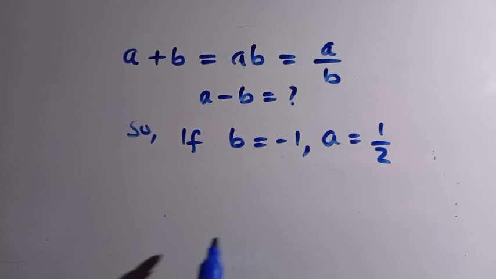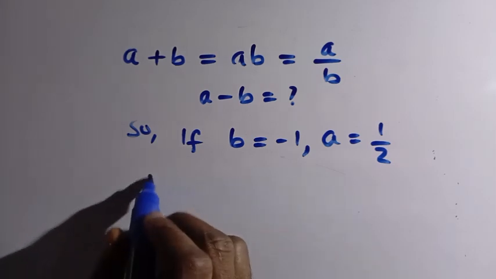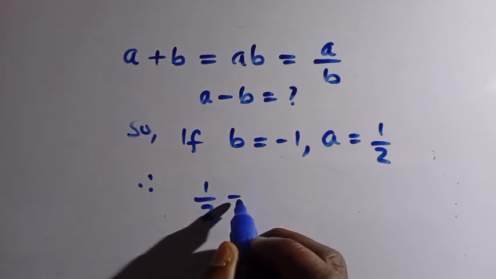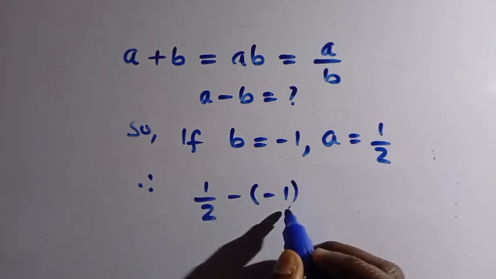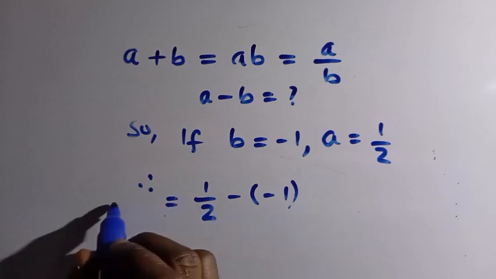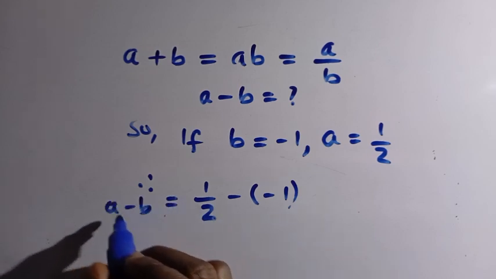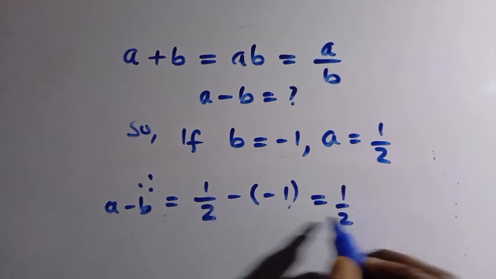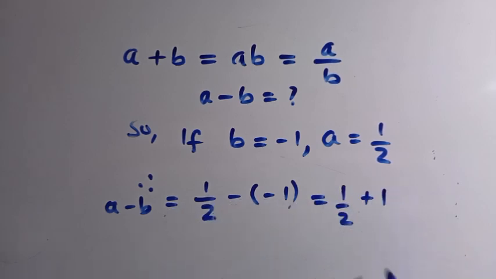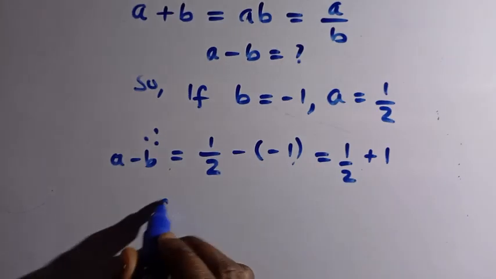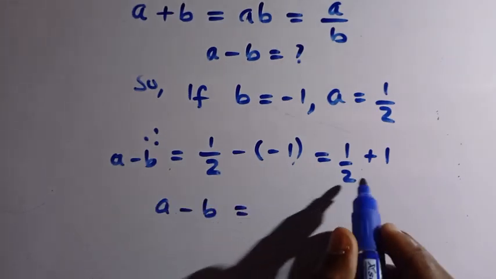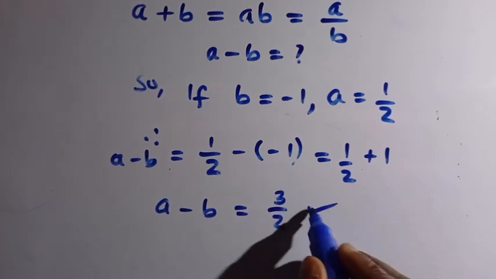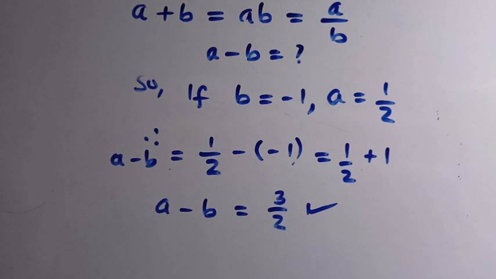To find a minus b, we substitute, and here we have 1 over 2, minus minus 1. And we get 1 over 2, minus times minus, that is plus 1. When we add 1 over 2 plus 1, we get 3 over 2. So 3 over 2 is the value of a minus b.